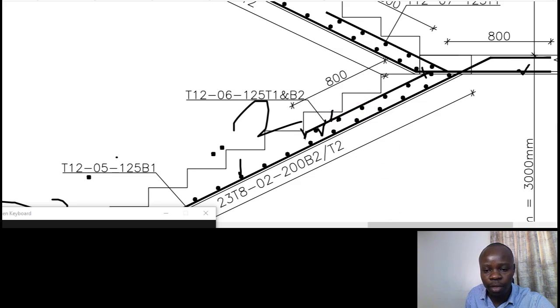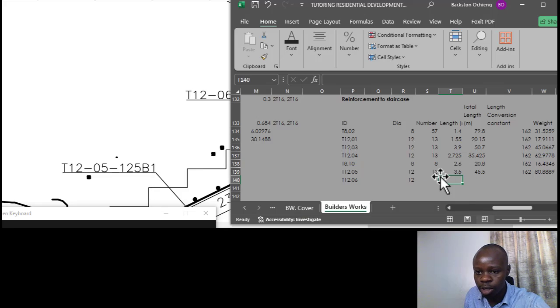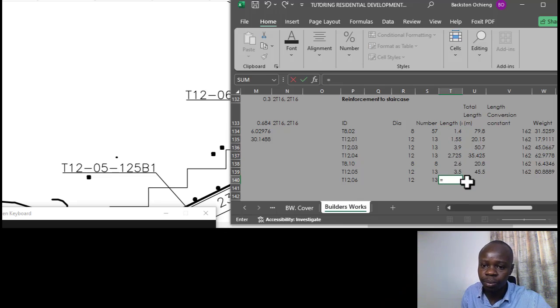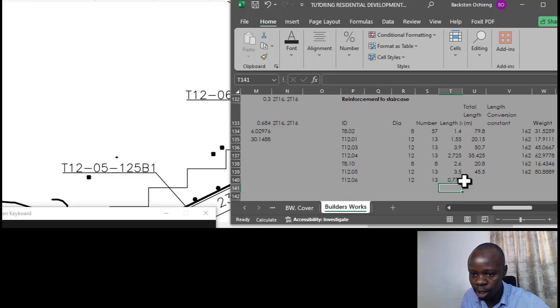So the length, let's get it bit by bit. The number of the bars is equivalent to the 13 that we had already calculated. And then for the length, we took 0.25 times the 3.1. What does that come to?